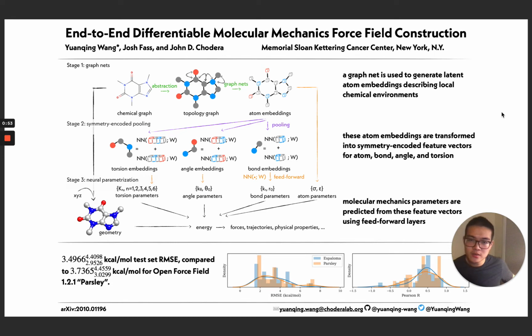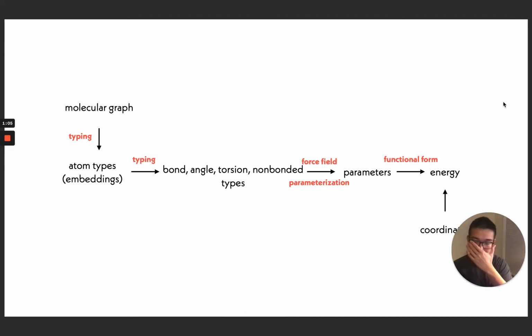However, when you want to optimize the parameter set for an MM model, which is what we call a force field, it gets a little bit trickier. So how does force field parameterization work? First, you have a molecular graph, and you have a scheme called an atom typing scheme, where you assign different types to the atoms, which we call atom types.